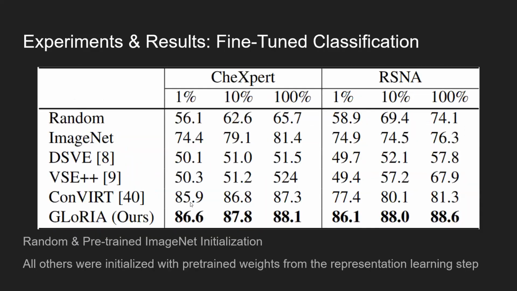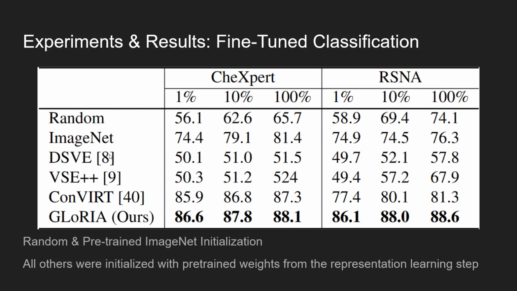Then they did a fine-tuned classification. So these are randomly initialized weights, and these would be ImageNet initialized weights, with the rest being initialized with pre-trained weights from the representation learning step. We can see here that the randomly initialized weights did quite poorly.